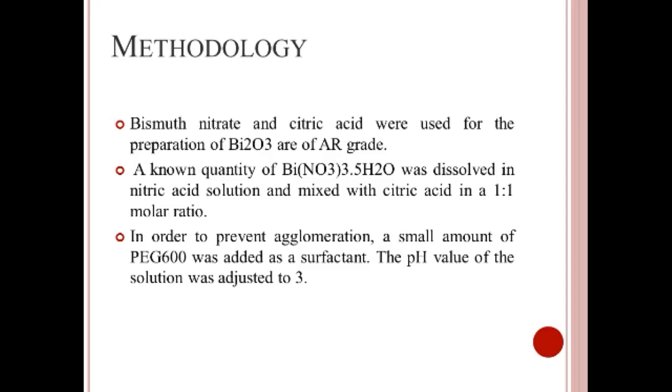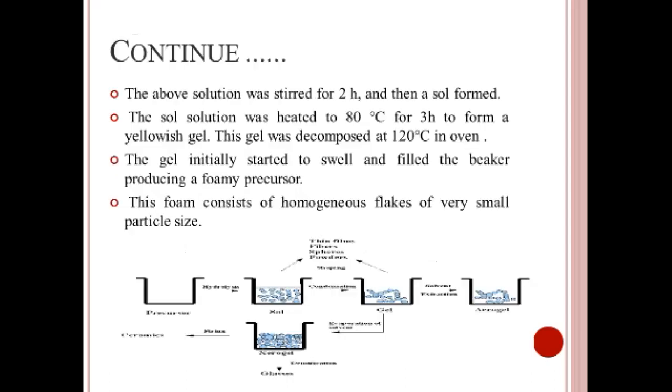Then the pH of the solution was adjusted to 3, and in order to prevent agglomeration, a small amount of PEG 600 was also added as surfactant. And then the solution was left for 2 hours, and then the sol was formed.